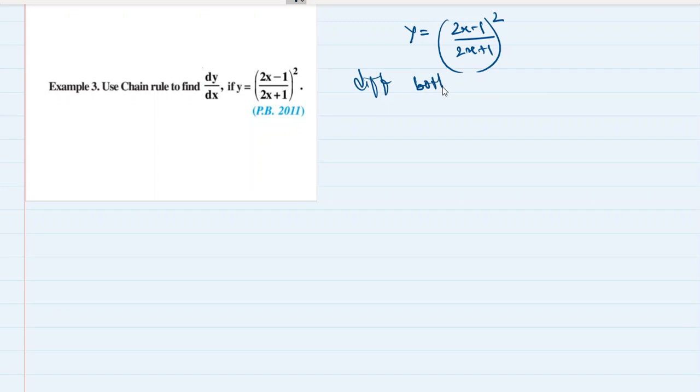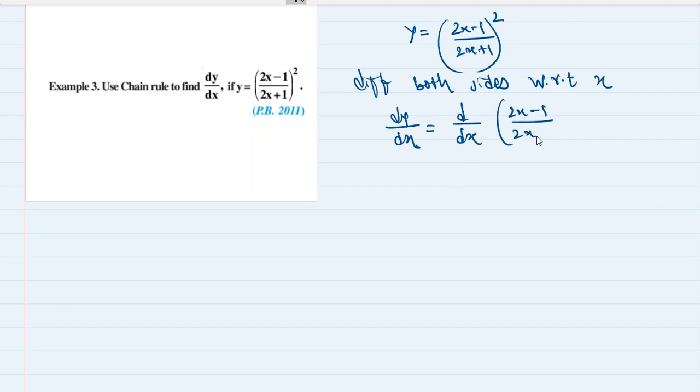Differentiating both sides with respect to x, we get dy by dx is equal to, see, here we have got a function of a function. Of course, the outer function is the square function. So we will write d by dx of 2x minus 1 upon 2x plus 1 the whole square.